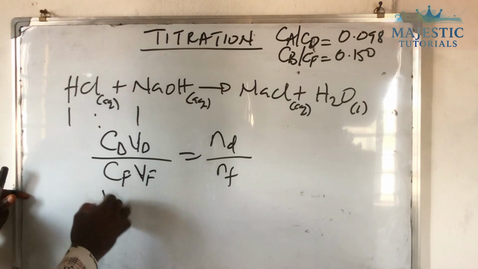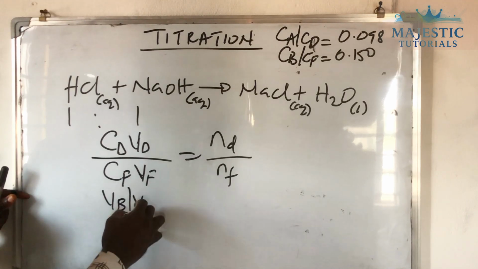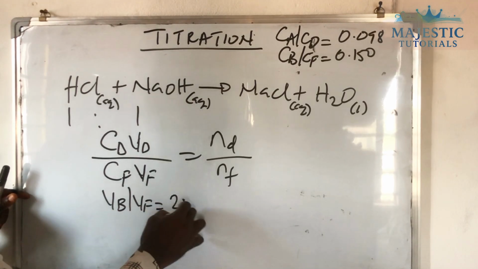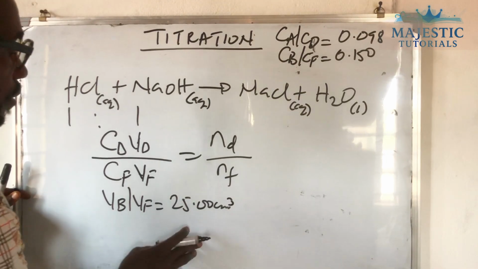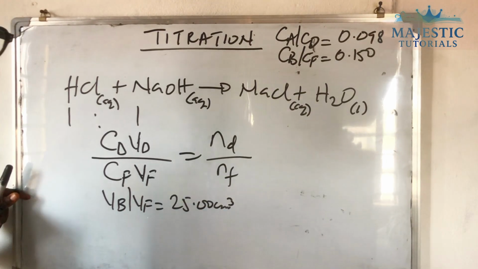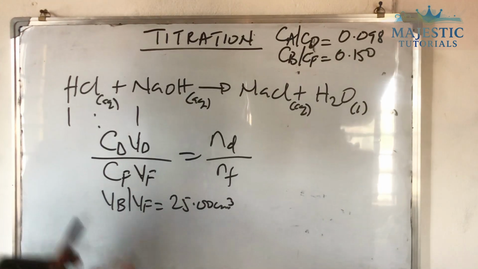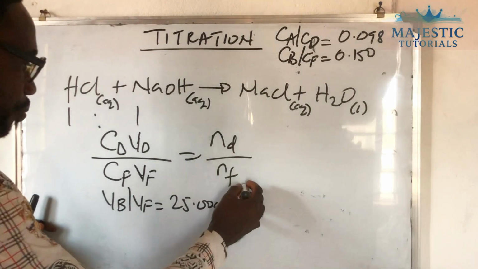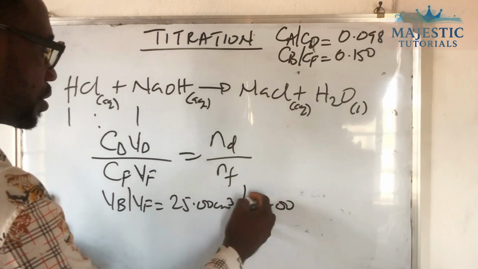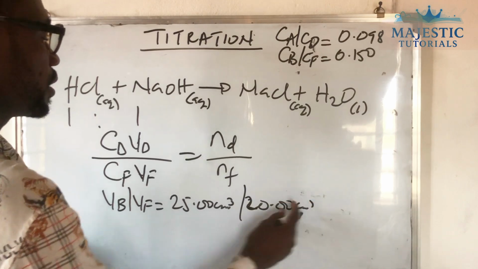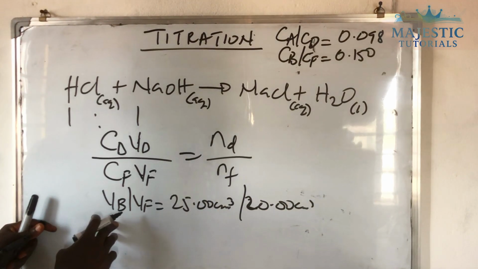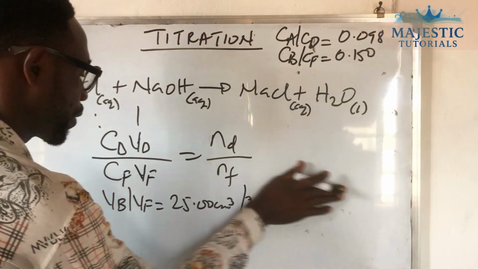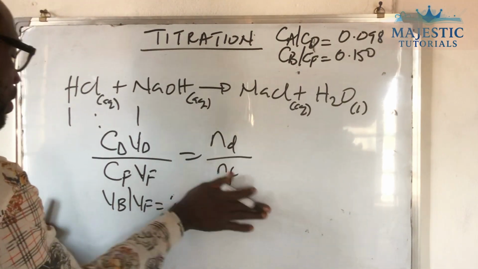Remember here, our VB, or here you can make VF, is your 25.00. If your school is using 25, but most schools use 25, we can use 25 or use 20, but we most times use 25. So these two possible values are what you're expected to use as your VB, that's volume of base. So we already know that. Here I want to use 25.